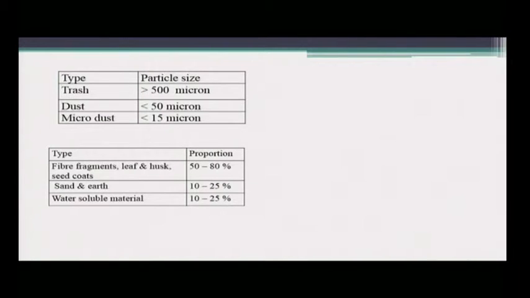Proportion wise, fiber fragments, leaf, and husk is around 50 to 80%, sand and earth 10 to 25%, and water soluble material is 10 to 25%. So these are the different ways people have categorized the type of impurities and the type of trash and dust that is there in the bale cotton.